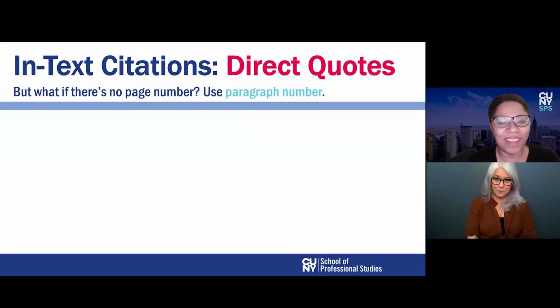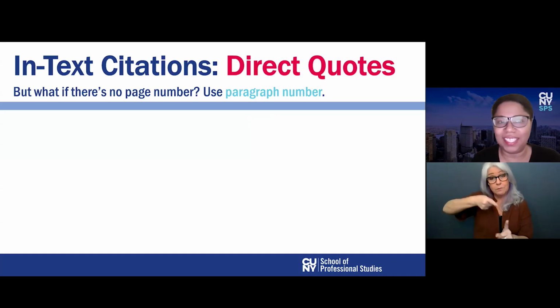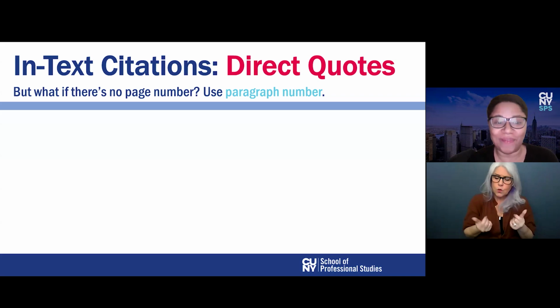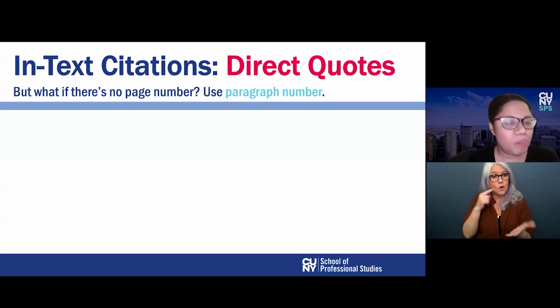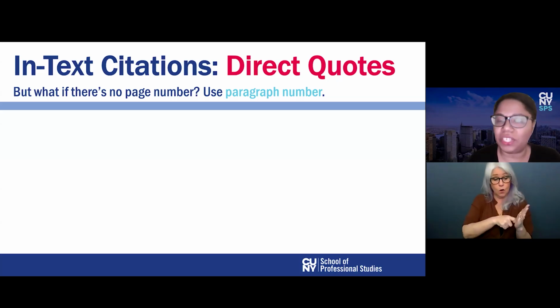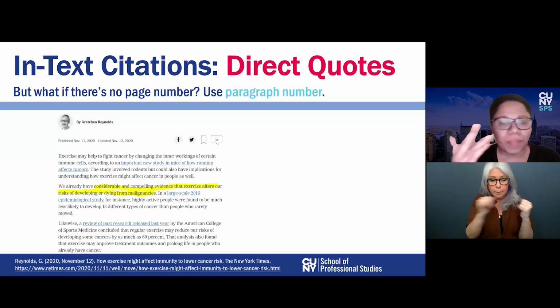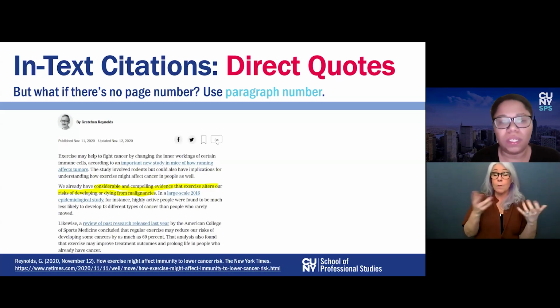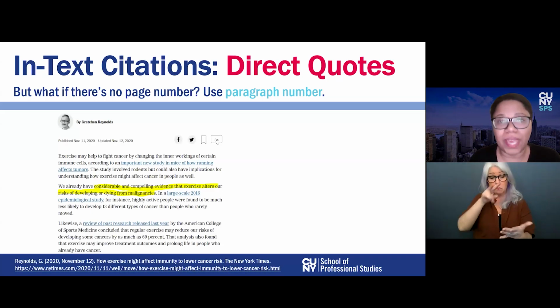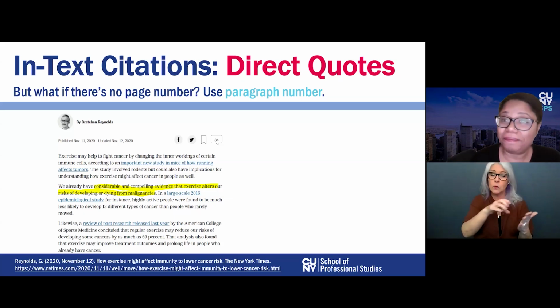So let's talk some more about direct quotations, because let's talk about what to do if there is no page number. In this case, if a book or an article doesn't have a page number, like something that's online or an online news article, you're going to use the paragraph number instead.